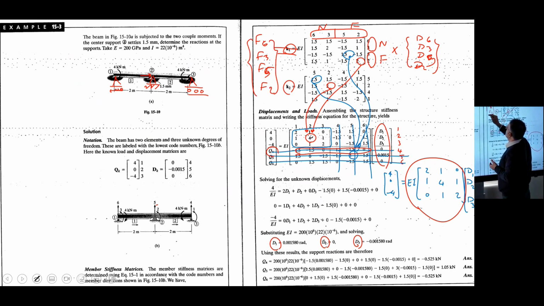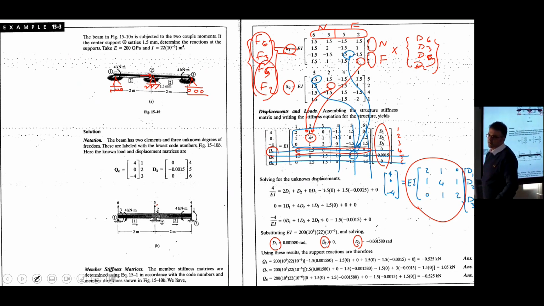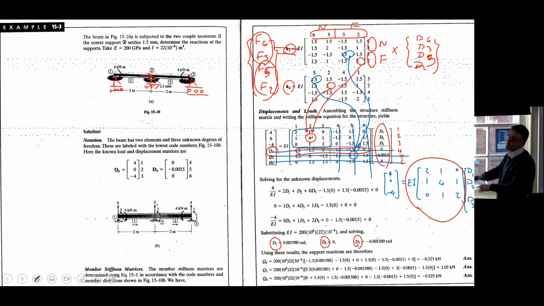These 4 are for element number 1. These 2 are for near end, these 2 are for far end, whatever you have defined at the beginning of your example.